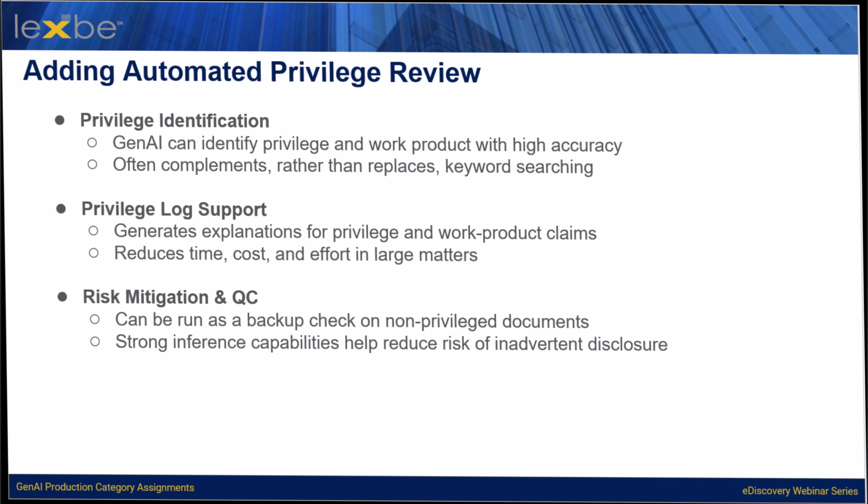The impressive ability of LLMs to draw inferences between documents, well beyond what other technologies can do, makes it a good tool as a backup check in cases where the risk of releasing privileged documents, even with a clawback in place, is unacceptable.